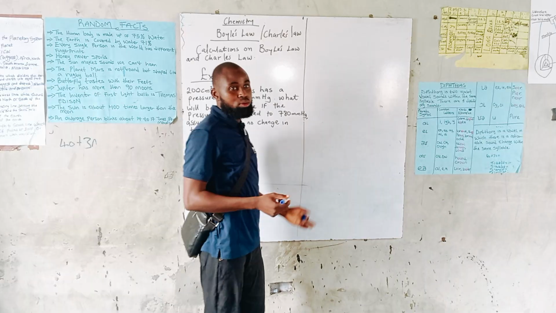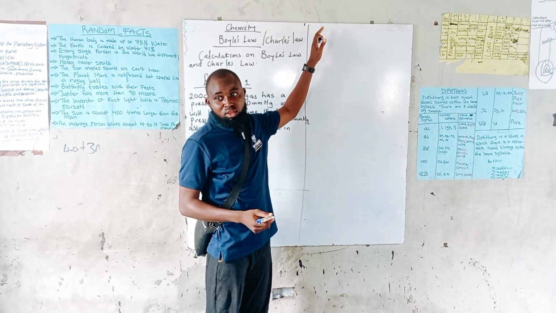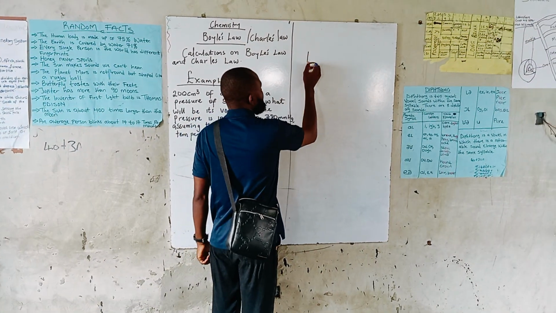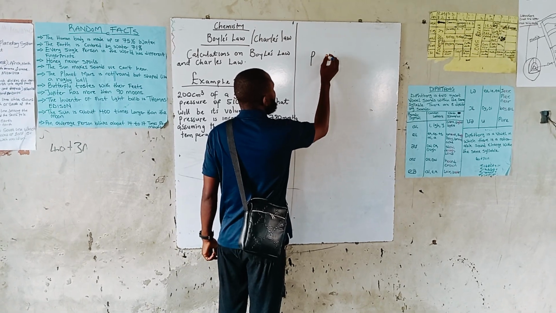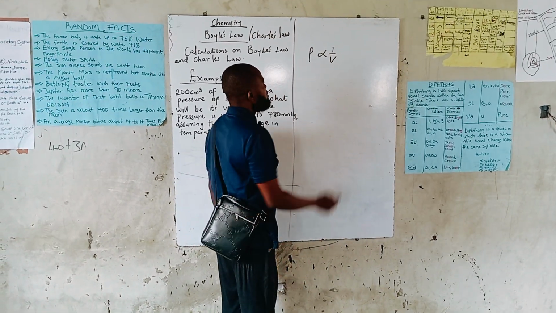the law says that the volume of a given mass of gas is inversely proportional to the pressure, isn't it? That is, P is inversely proportional to the volume. Are you with me now?